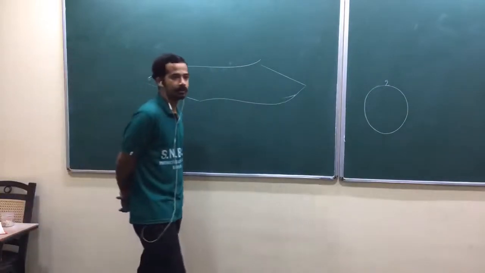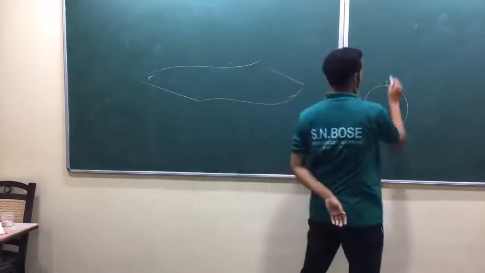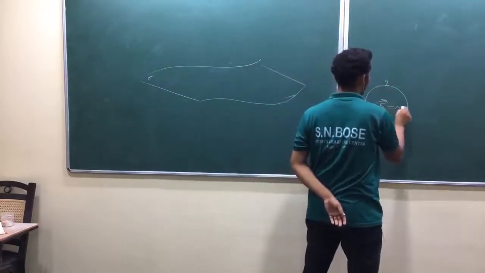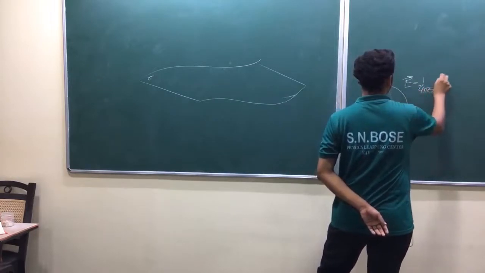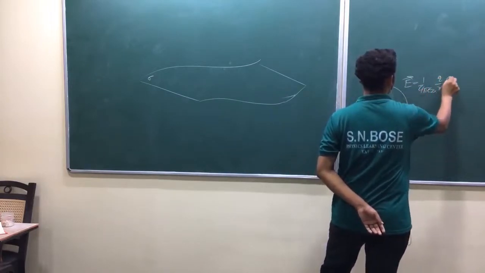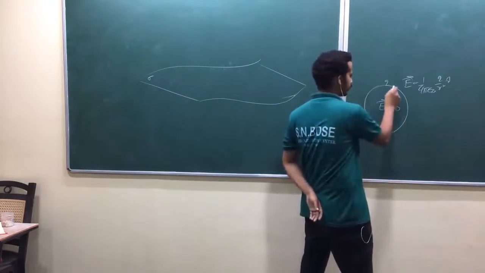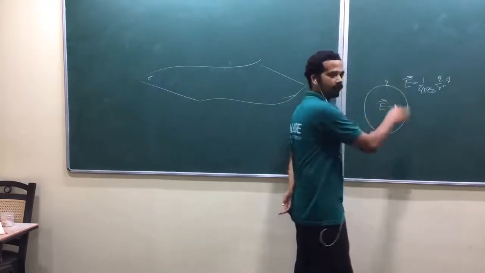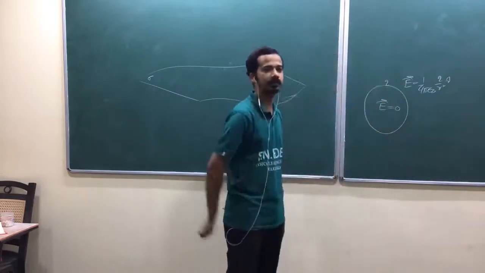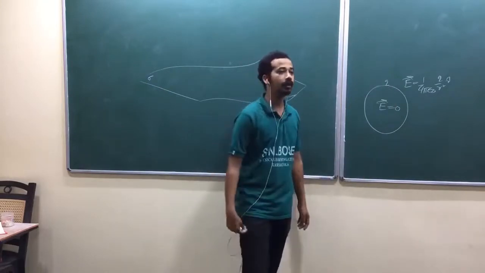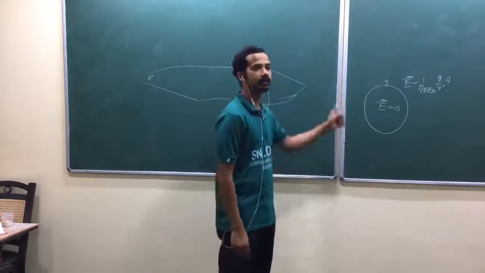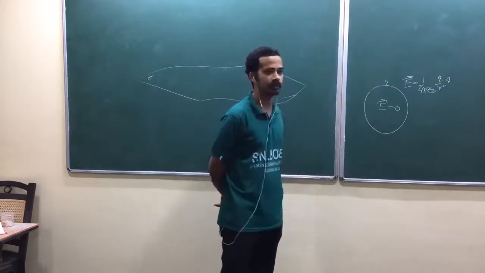Earlier, what is the best example? Here electric field was 0. What is the electric field outside? 1 by 4 pi epsilon naught q by r square r cap. Am I right? Somebody asked, what is the electric field on the surface? You can't define it because of discontinuity.